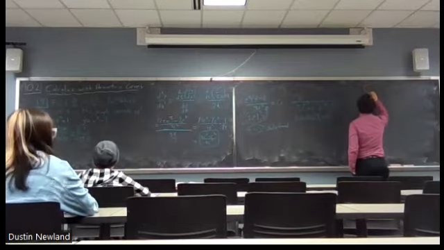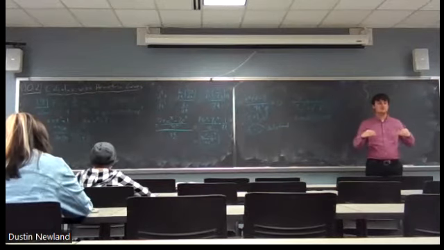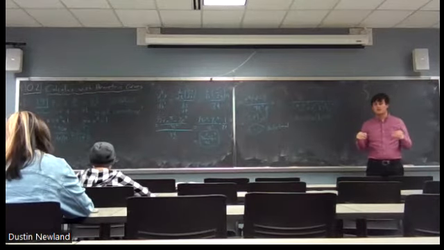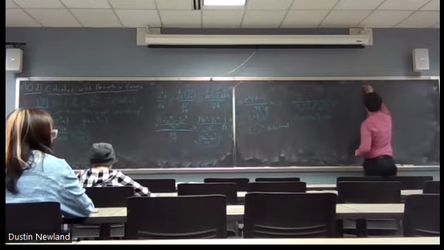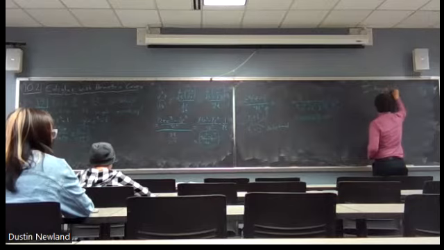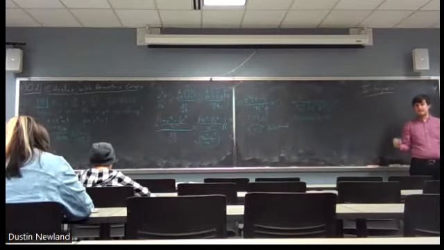Let's see. So if I'm taking the integral, I want to find the area underneath my curve, right? And in that case, we're typically talking about y as a function of x.